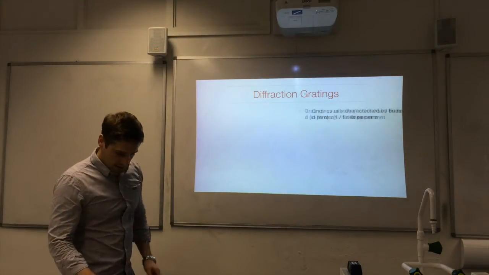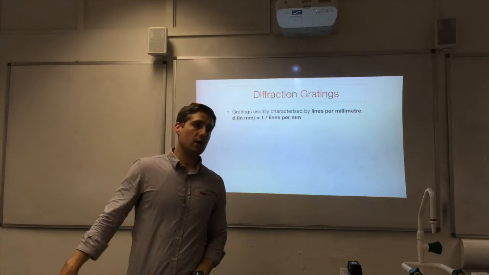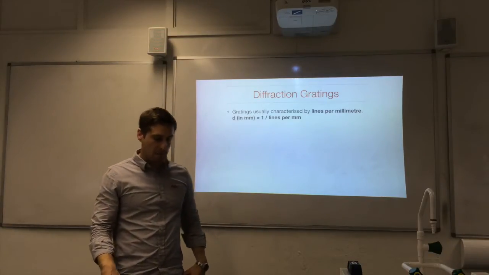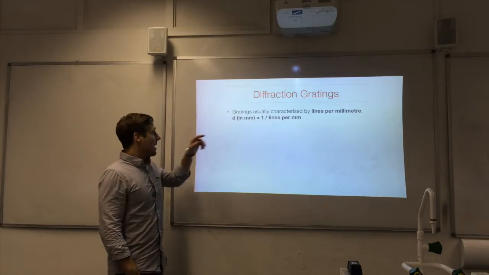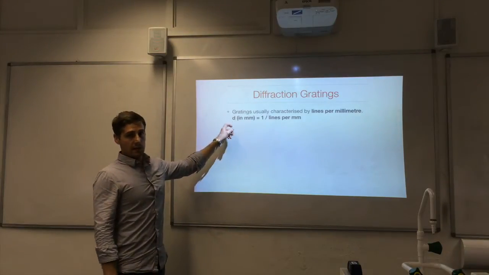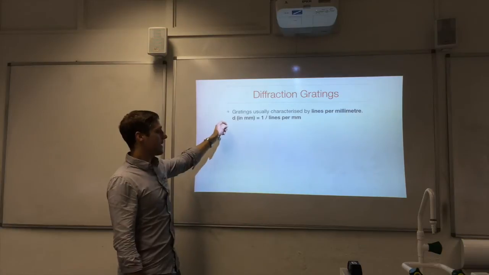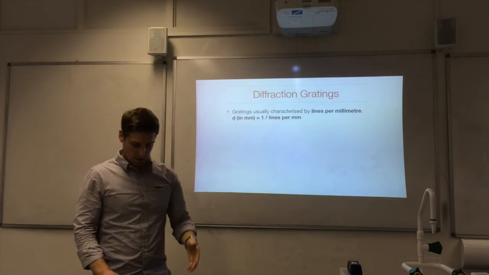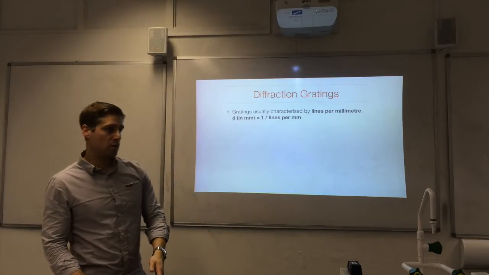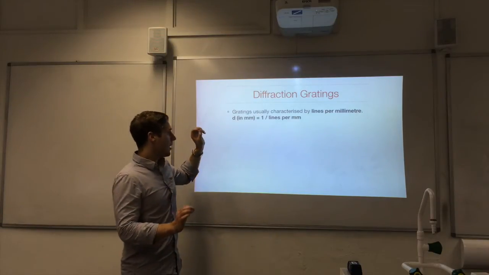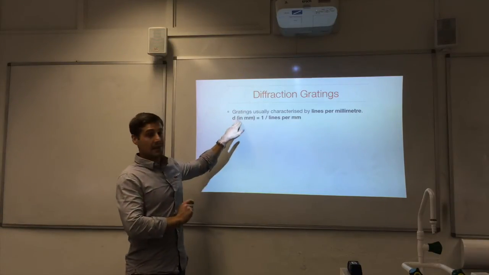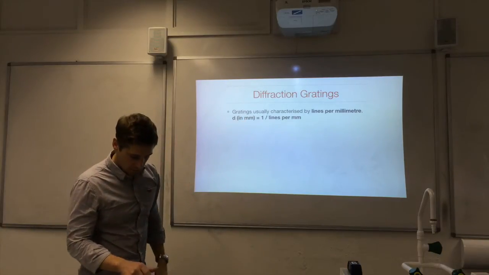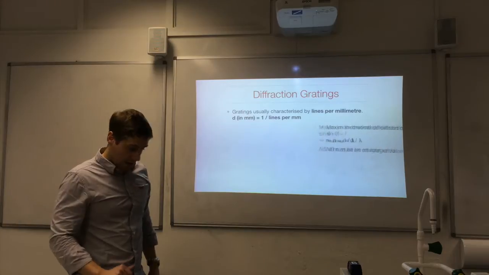Okay, diffraction gratings. They are usually characterised by the number of lines per millimetre. So d, the distance between each slit in millimetres, would be 1 over that, and one thing you need to remember, because d is in millimetres, is to convert that into metres once you've worked that out.